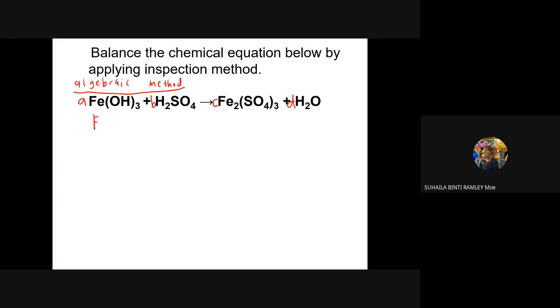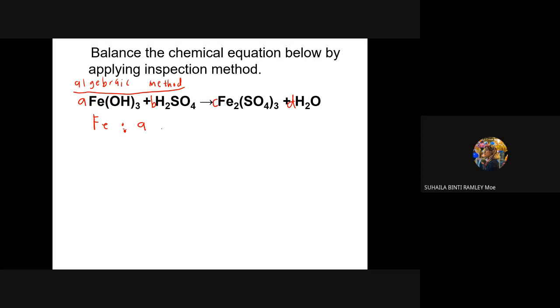Okay, now based on element, kita tengok element Fe. So element Fe on your left hand side ada berapa mol? Fe 1. Okay. Fe 1 mol, so 1 times A become A. Next, mana lagi ada Fe?